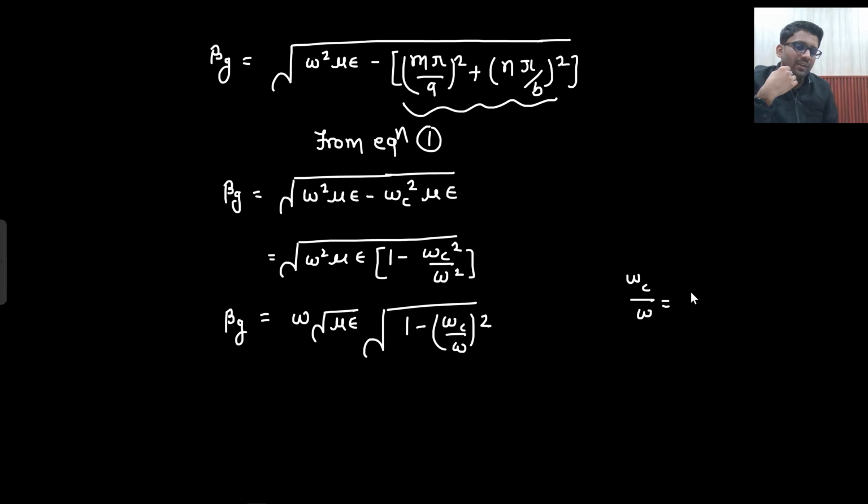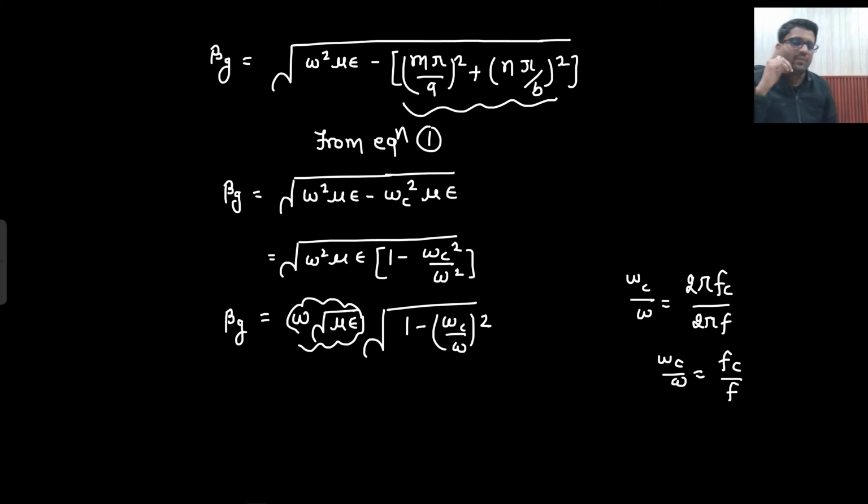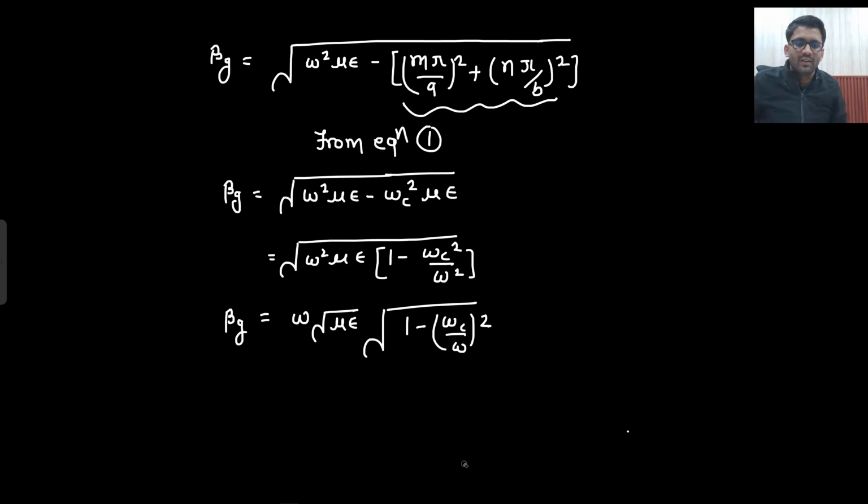Omega c by omega, what would that be? 2 pi fc divided by 2 pi f. So omega c by omega can be replaced with fc by f, right?